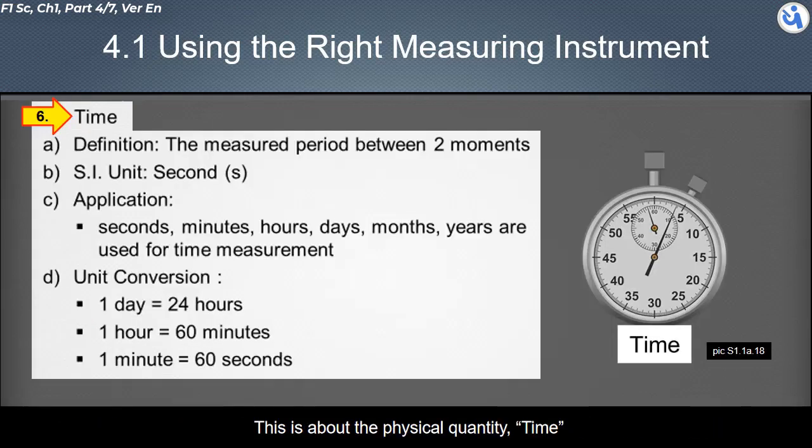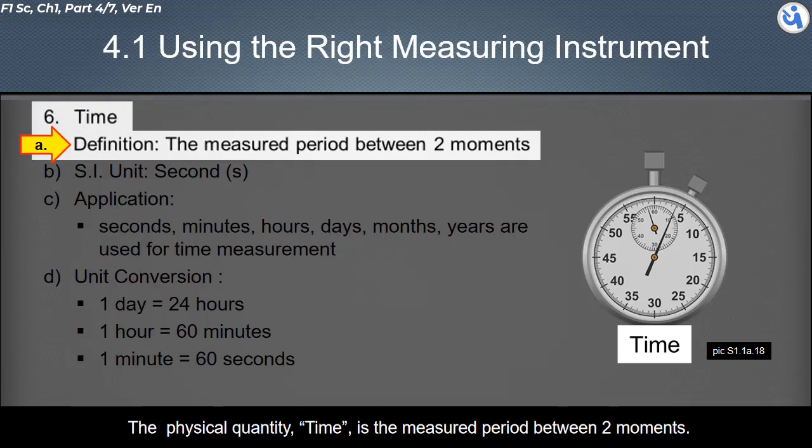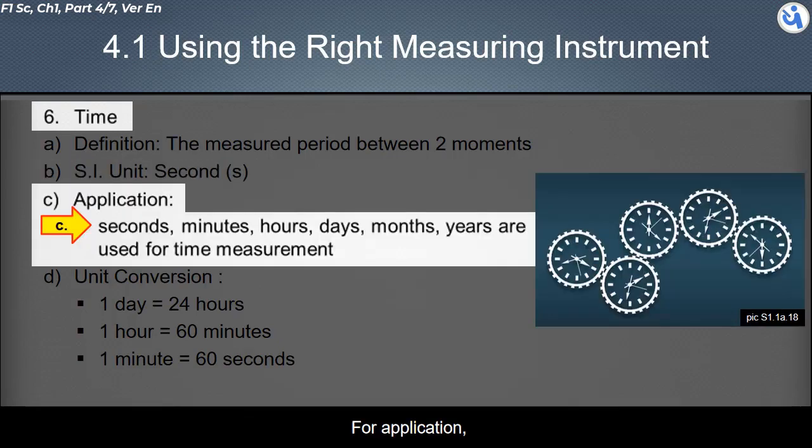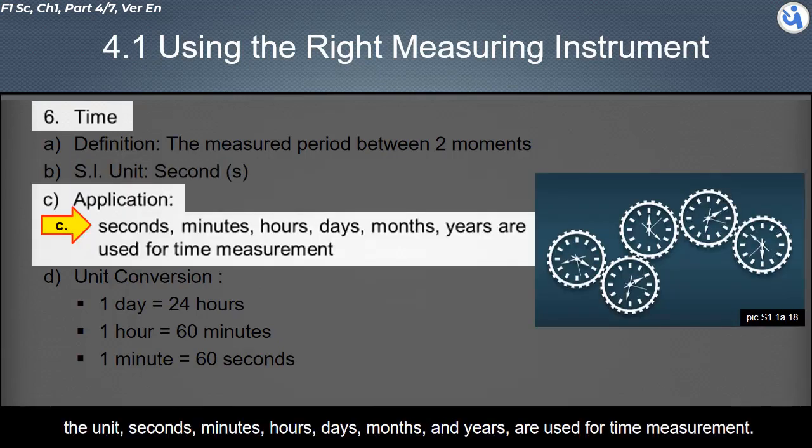This is about the physical quantity, time. The physical quantity time is the measured period between two moments. The SI unit for time is second, denoted by symbol s. For application, the units seconds, minutes, hours, days, months, and years are used for time measurement.